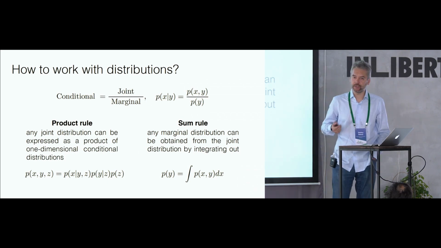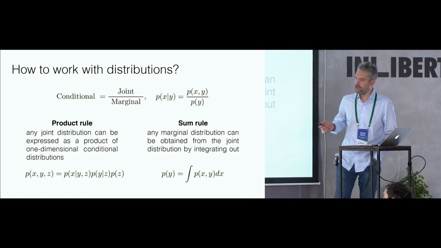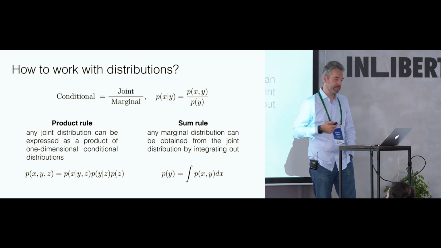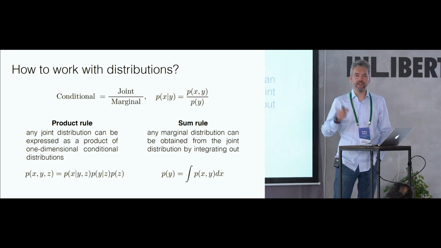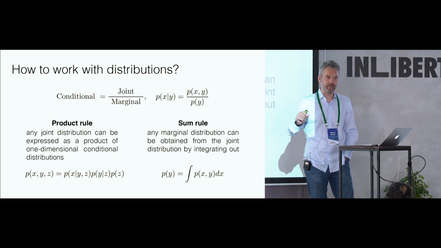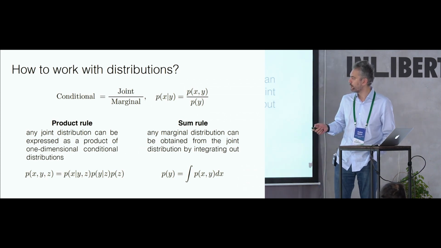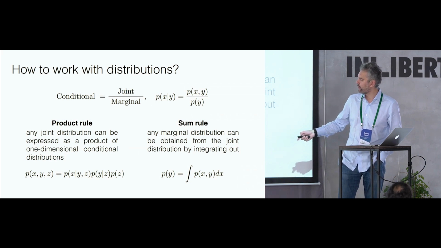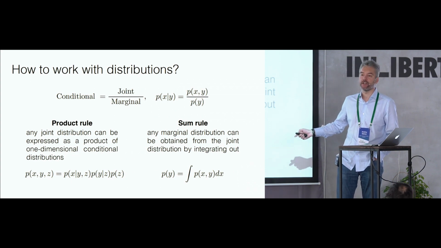The direct consequences of the definition of conditional density are two rules, the product rule and the sum rule. According to the product rule, any joint distribution can always be decomposed as a product of one-dimensional conditional distributions, and the condition becomes less and less. For example, P of x,y,z can be decomposed as P of x given y,z times P of y given z times P of z. P of z is already an unconditional distribution.